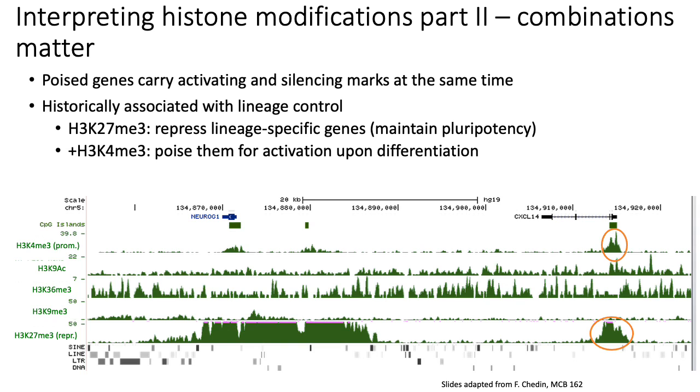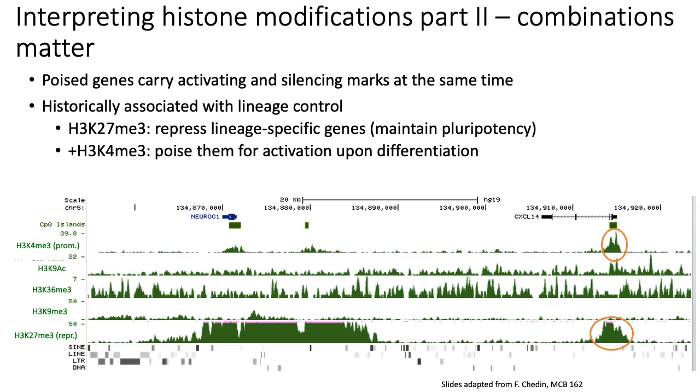Certain regions of the genome, like CXCL14, for example, you can often see both activating and repressing marks at the same time. Here at CXCL14, you can see that K4 trimethylation as well as K27 trimethylation is observed at the transcription start site.